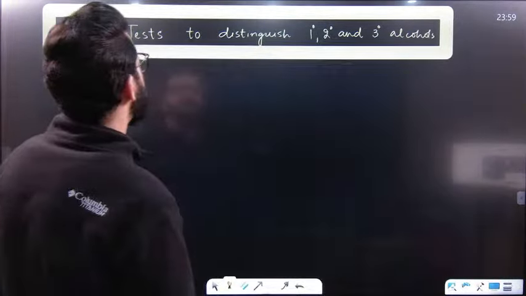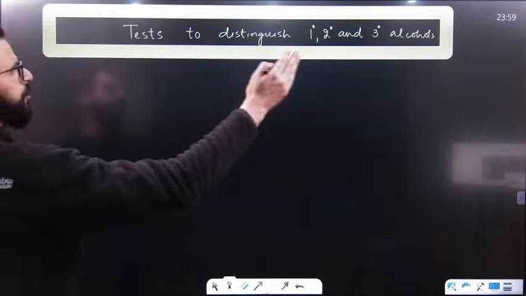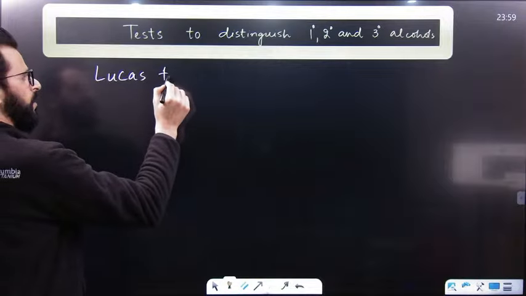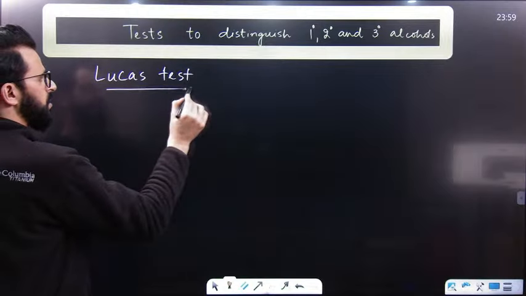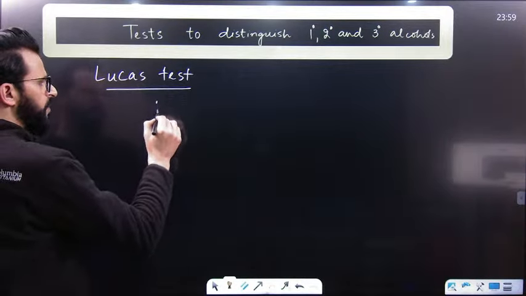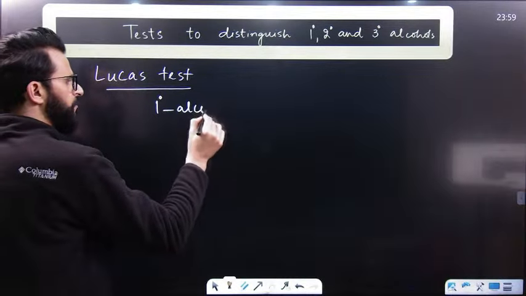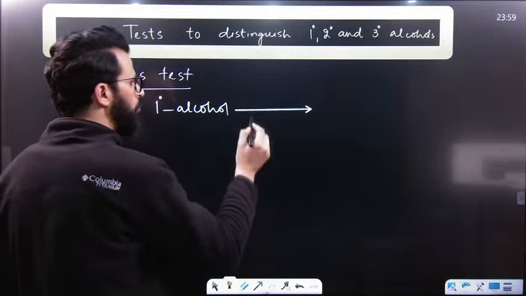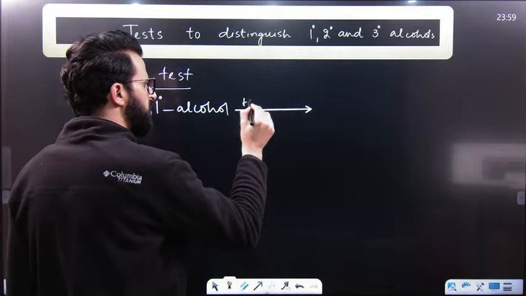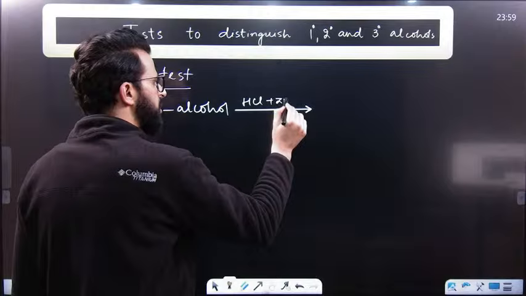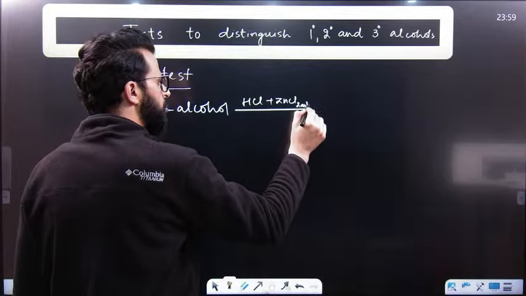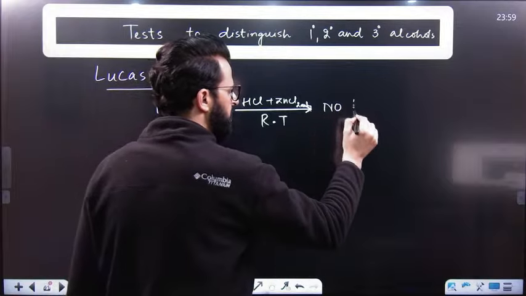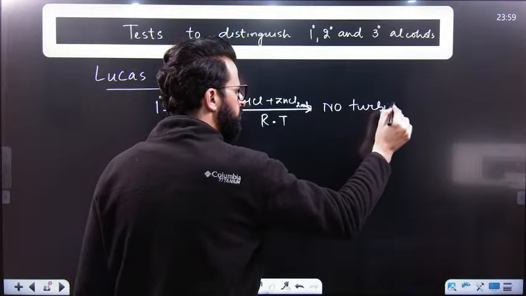Now this is the distinction between 1 degree, 2 degree and 3 degree alcohols. First is by the Lucas test. Have a look, my dear students. If we have a primary alcohol, on treatment with Lucas reagent, which is HCl and anhydrous zinc chloride, at room temperature no product formation takes place, hence no turbidity appears.